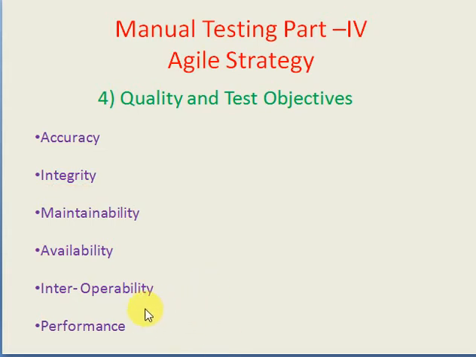Then we have interoperability, meaning that the system is able to work on different platforms. For example, if it is a web-based system, then it can work in Internet Explorer, Mozilla Firefox, and Chrome. Then there can be a performance quality and test objective, related to the responsiveness and throughput of the system.